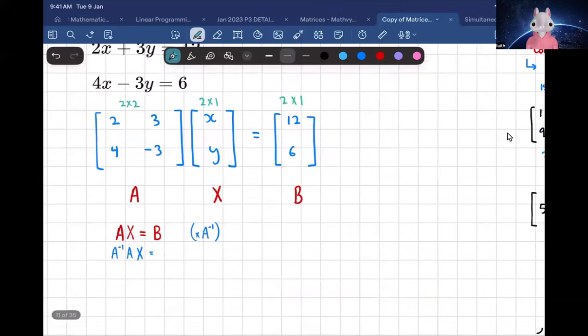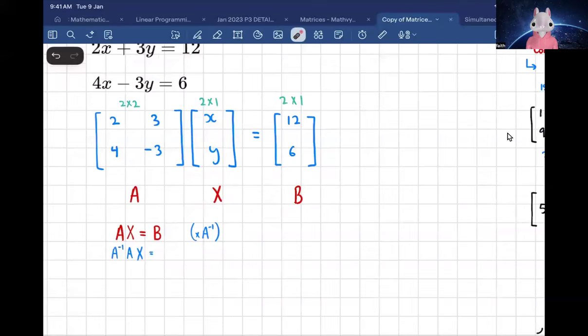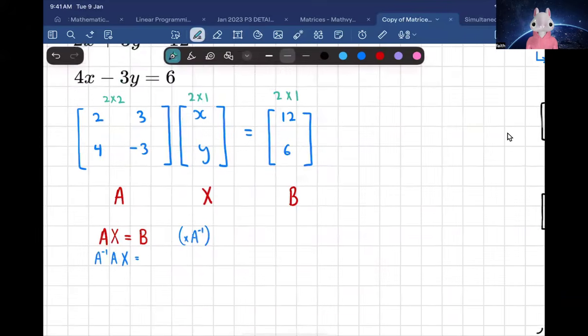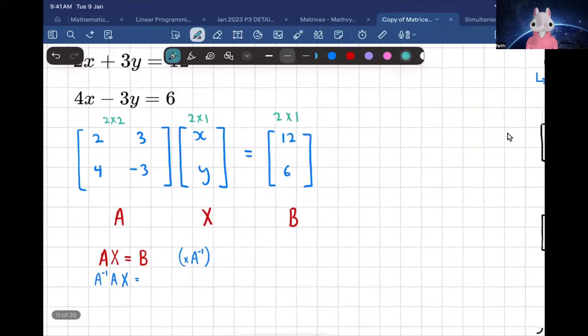So our question here: we want to multiply B by A inverse. We need to see if it's compatible. I just said that matrix B was what kind of matrix? 2 by 1, sir.